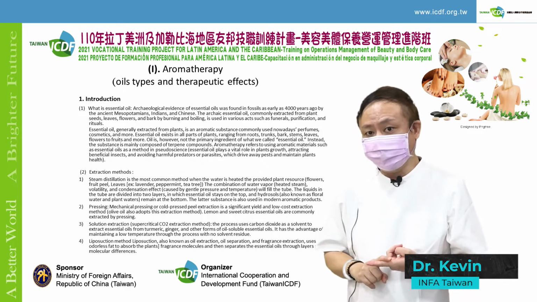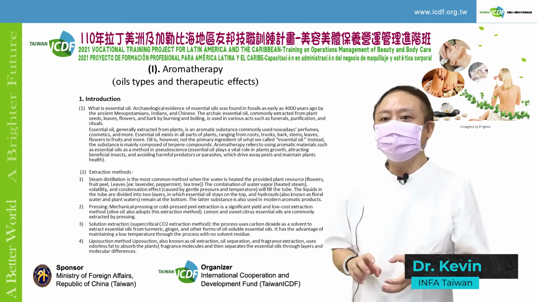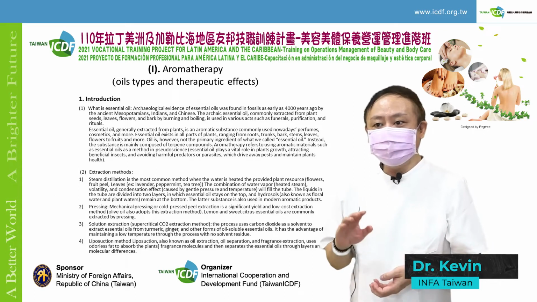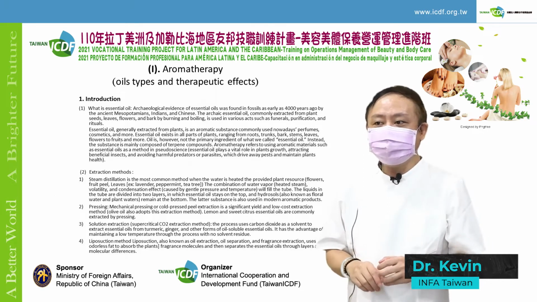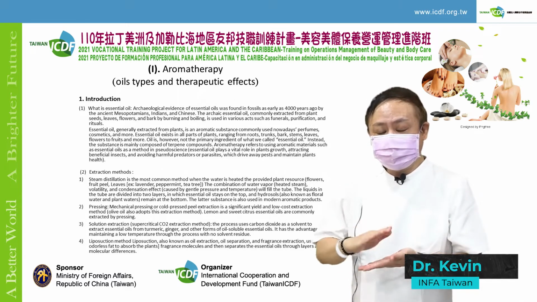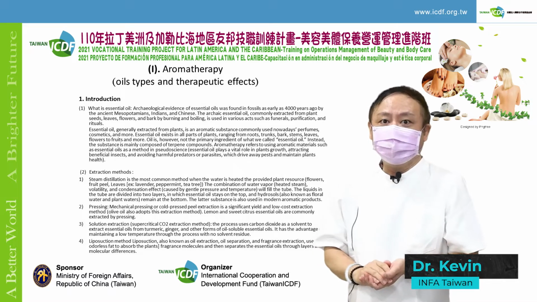The last one is through the liposuction method. So the essential oil is done through oil extraction. So they're using oil that doesn't have any scent to extract the fragrance from the scent. So you've seen olive oil.